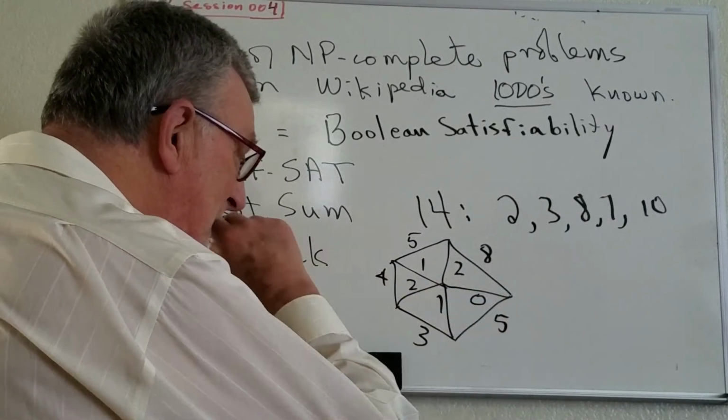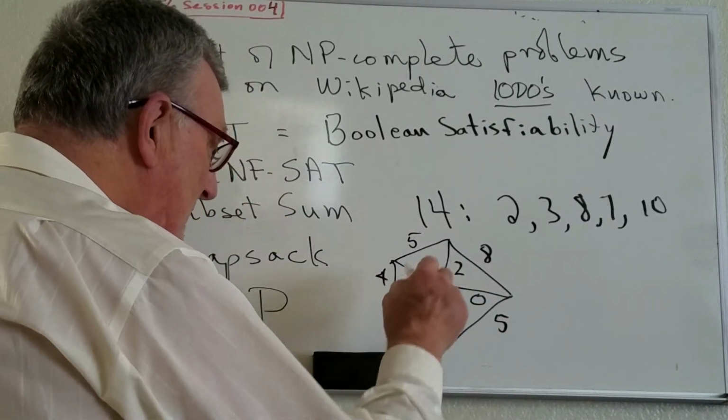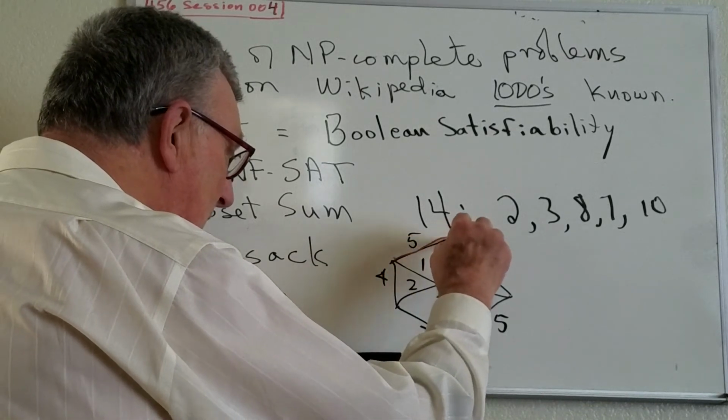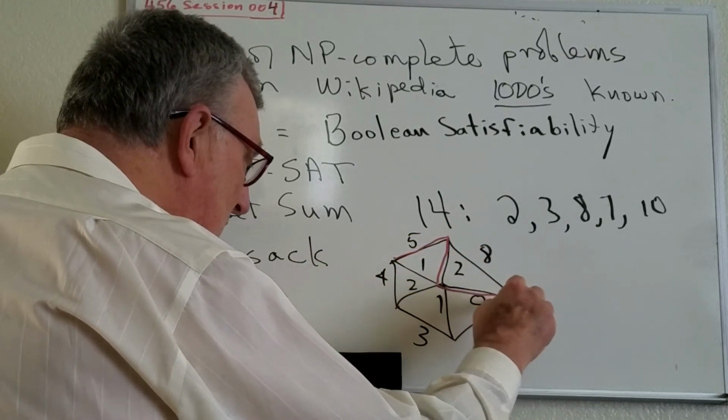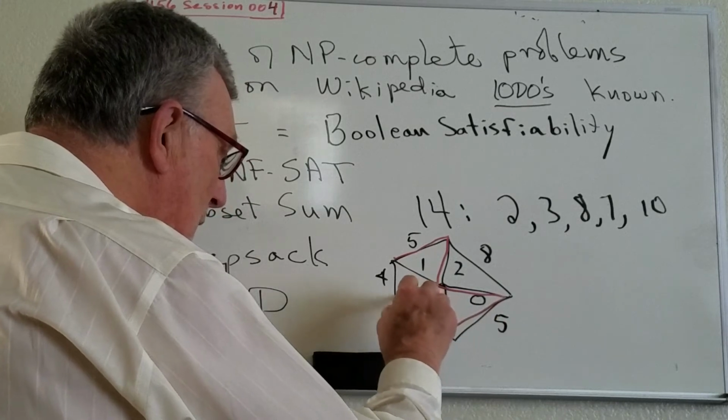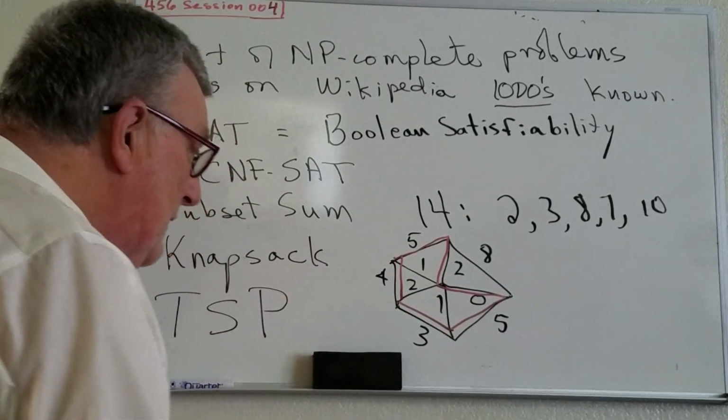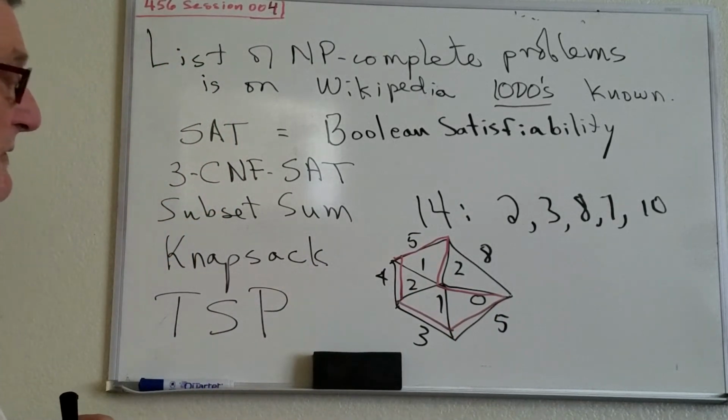This road costs 0 and so forth. And so, for example, in this particular case, the cheapest way to visit all of them would be that Hamiltonian path there.